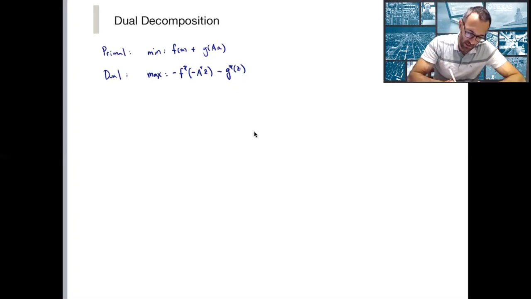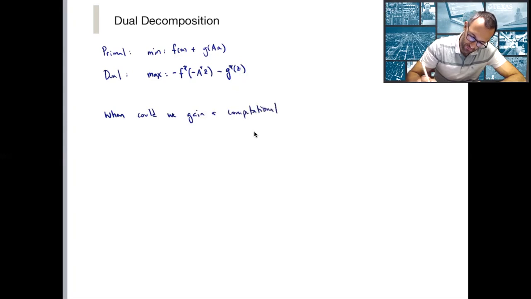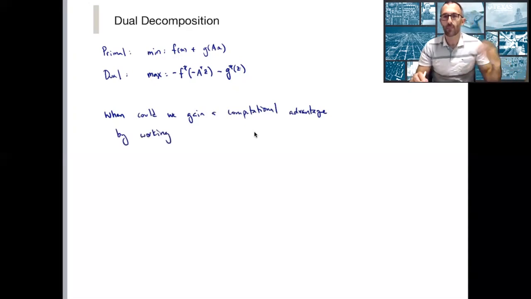We want to understand when we could gain a computational advantage by working in the dual. And when I say working in the dual, I mean by maximizing the dual. Of course that implies that we have a method to go from a dual optimal solution, z star, back to a primal optimal solution, x star.